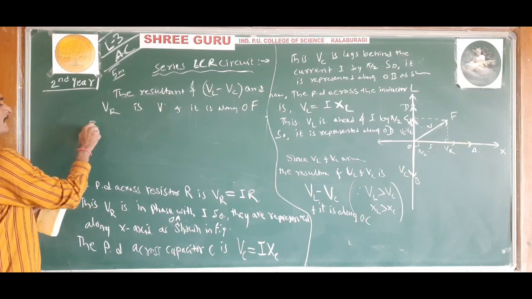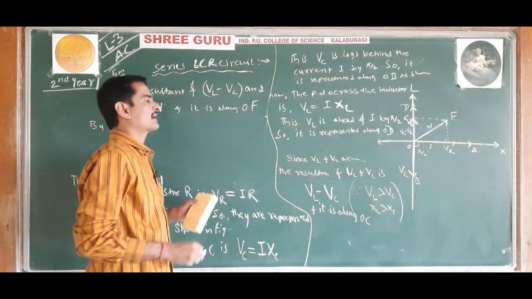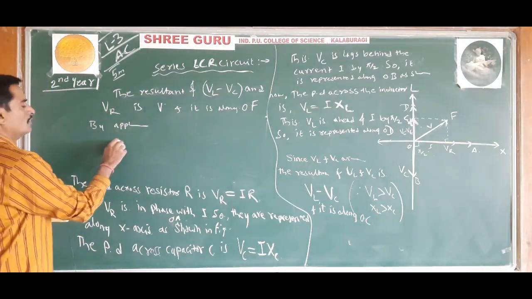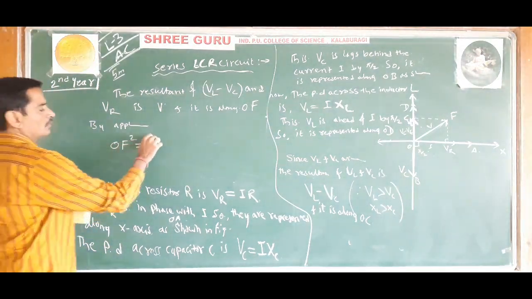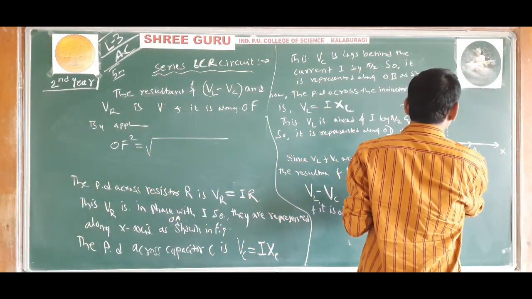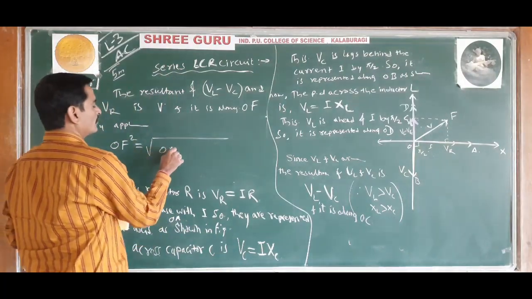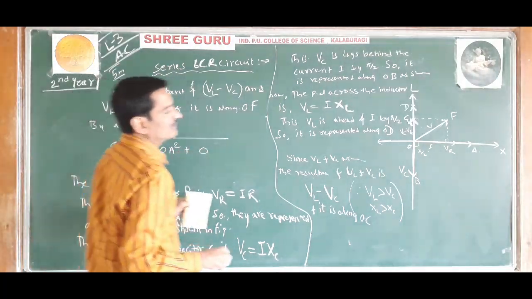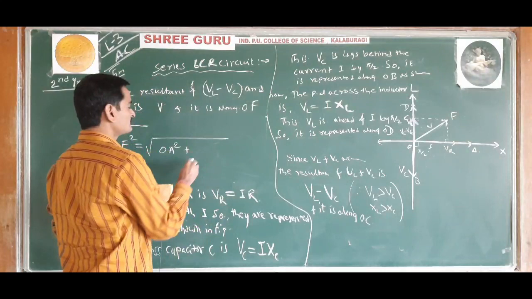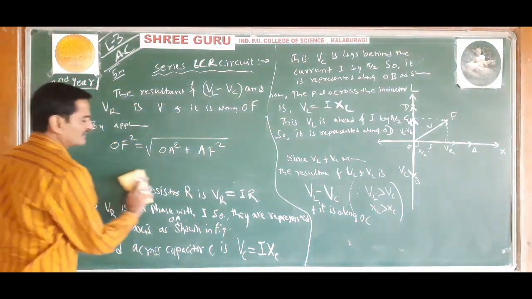So now by applying the parallelogram law of vector addition, we get OF is equal to under root of OA square plus AF square, and AF is the same as AC.